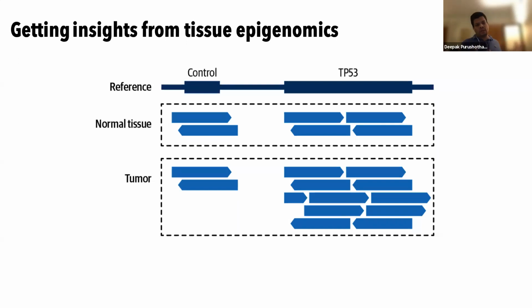Essentially, just like how we talked about tissue transcriptomic profiling, we can do tissue epigenomic profiling, and we can now look for patterns of expression levels of an epigenetic protein, and then look for substantial differences between the disease state compared with the normal physiology.